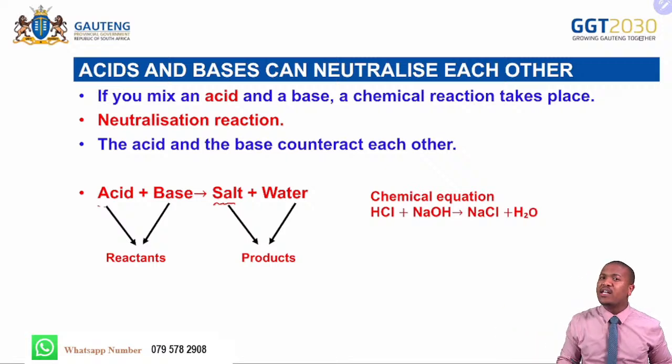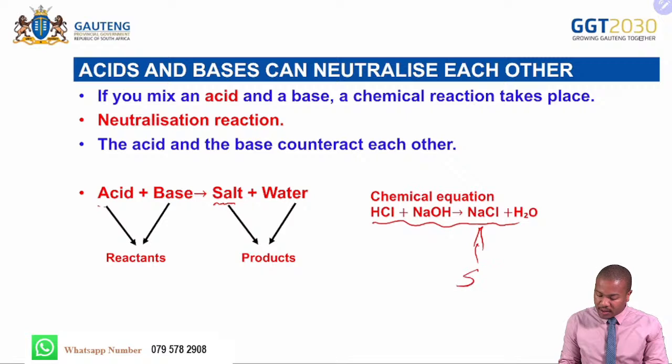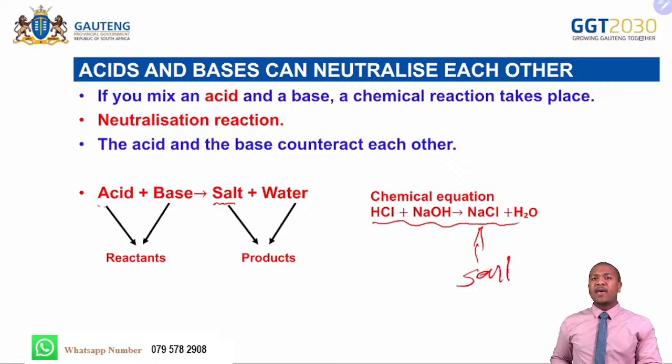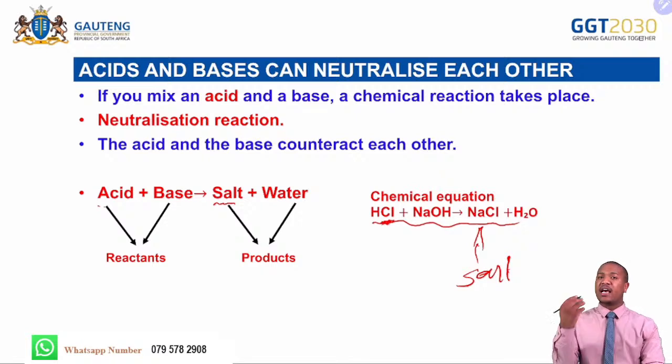So now, which one is the salt here in this reaction? Which one is the salt? The salt is sodium chloride, right? This one. This is our salt. It is the sodium chloride. Now look at this carefully. The chlorine comes from the chlorine which was in the reactants, in the hydrochloric acid, right?